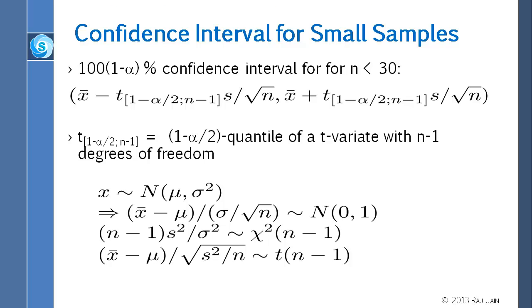However, this t distribution has two parameters. For different values of n, the t value is different. So the second parameter is, you have to read at n minus 1, what we call degrees of freedom. You have to read that, and the confidence is 1 minus alpha, where alpha is what we call significance, and alpha by 2 is the tail.